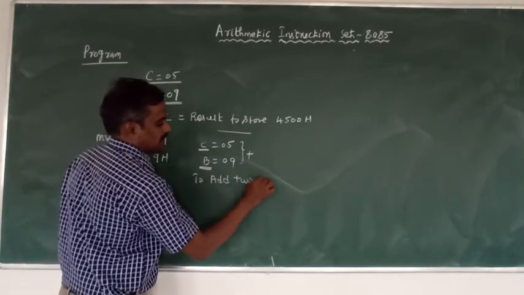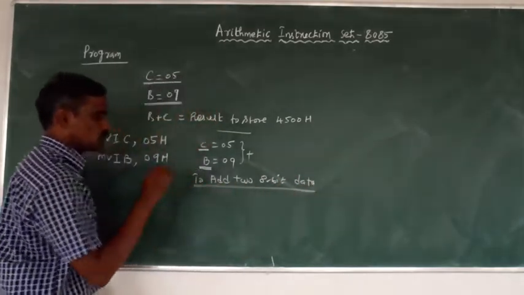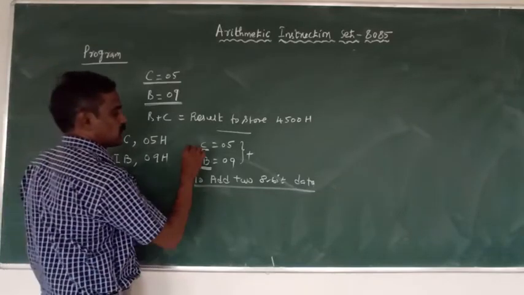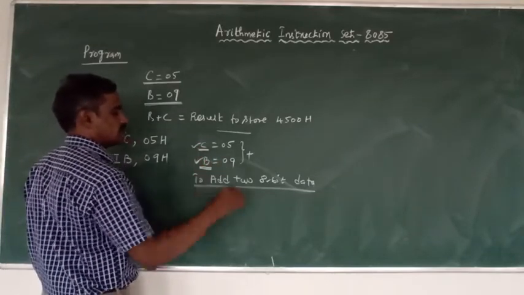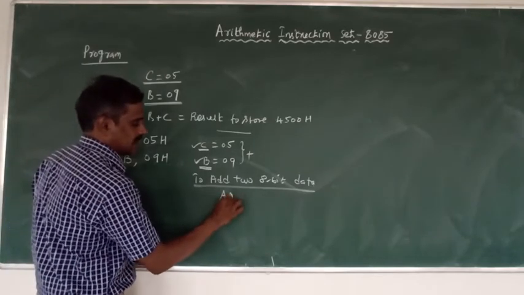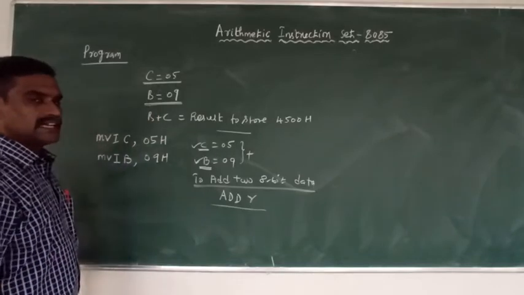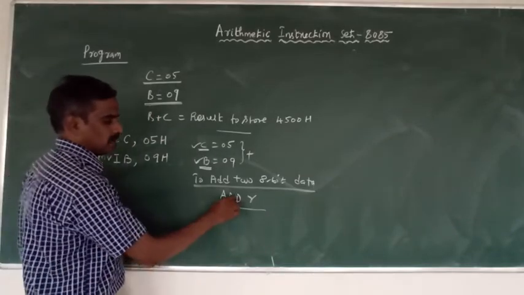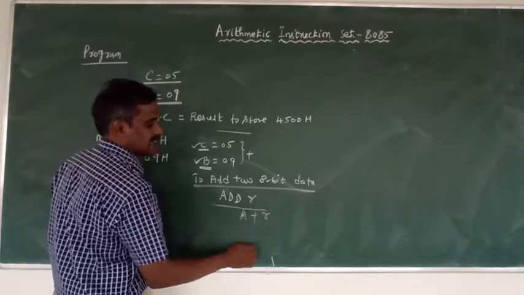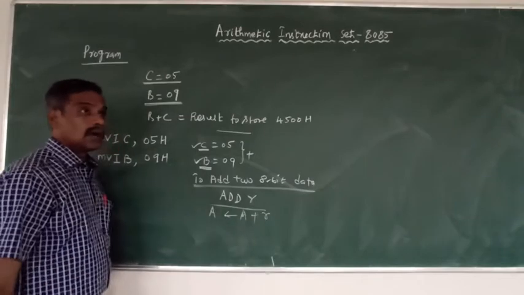We can use the ADD R instruction. ADD R means add accumulator data plus register data, and that result is moved to the accumulator.